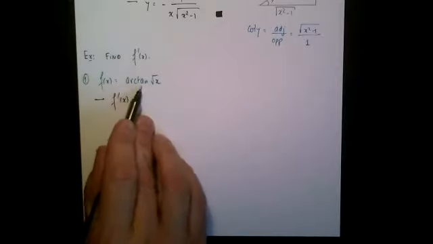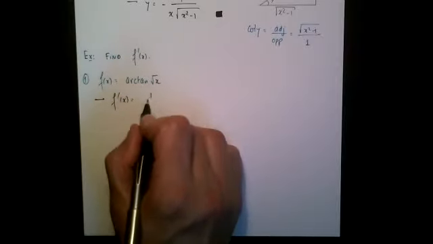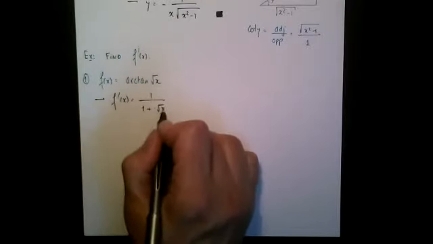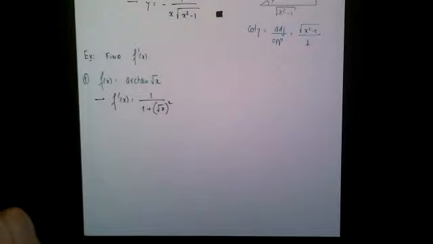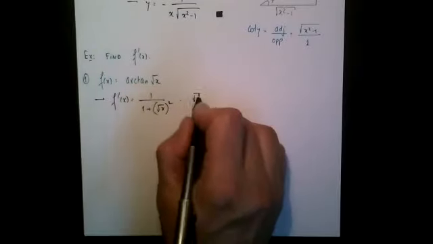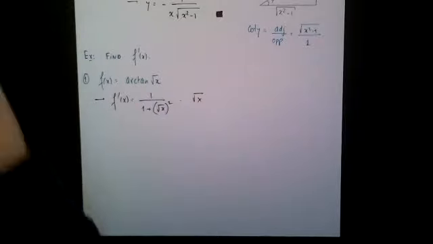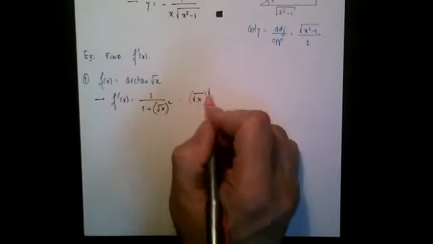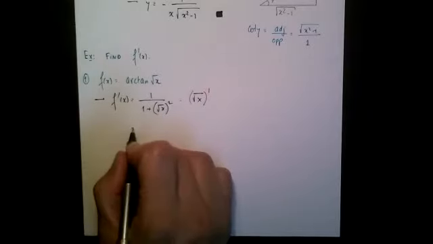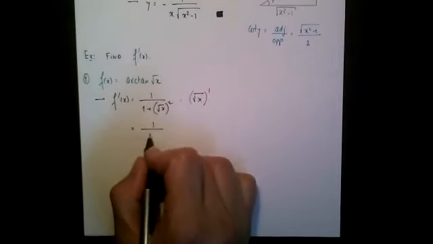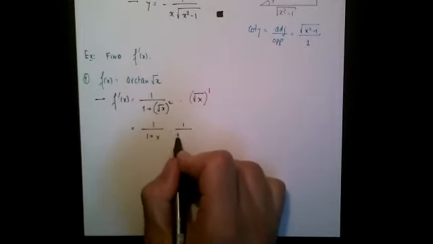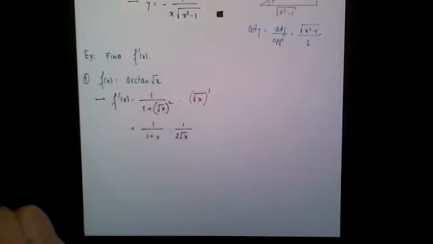The derivative of arctangent is, we just showed, 1 over 1 plus whatever's inside squared, times, of course, the derivative of what's inside. Chain rule always applies. You get it? So it's 1 over 1 plus x times the derivative of root x, which we know by now is 1 over 2 root x. And that's my answer.